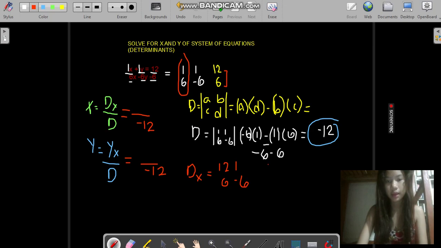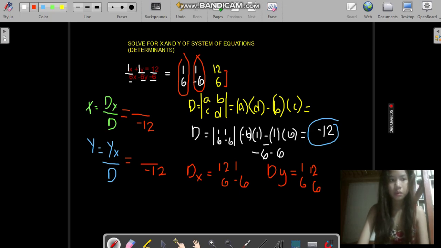And on Dy, we're gonna replace the 1, negative 6 column by 12 and 6, while remaining 1, 6. So it's gonna be 1, 6 and 12, 6.